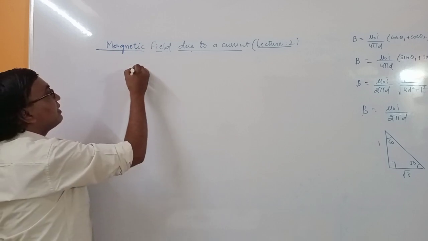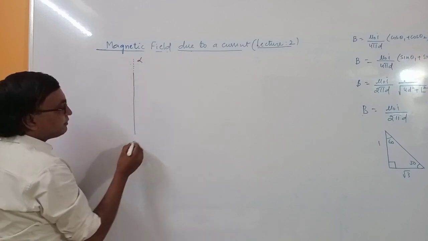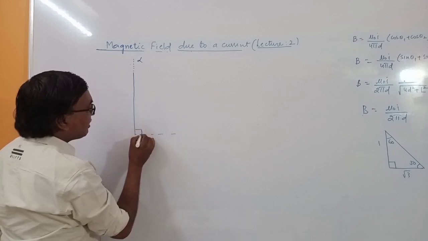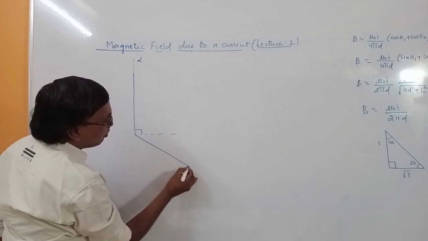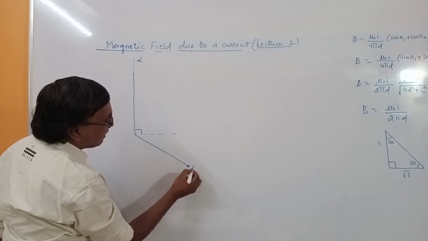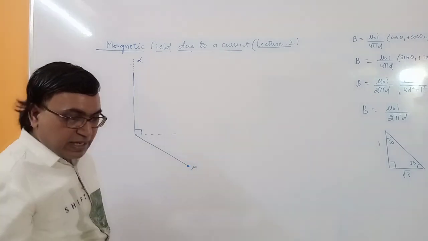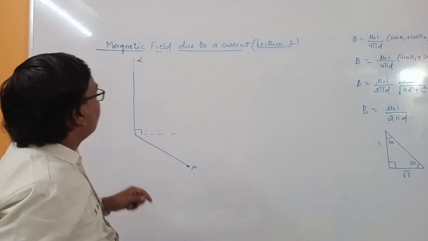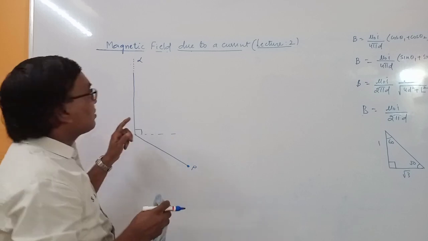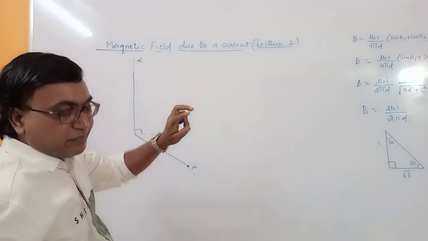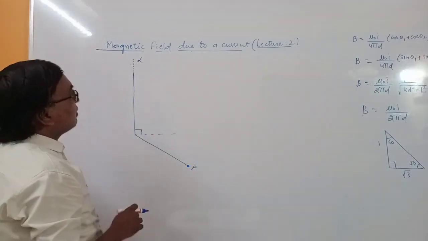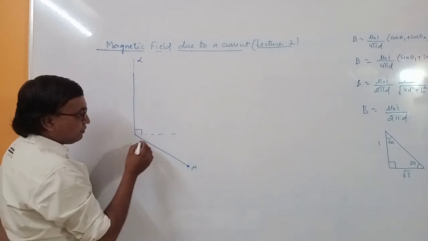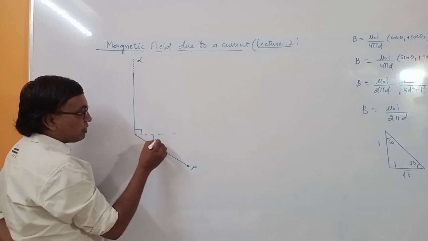This wire goes towards infinity on this side, and this is a line which is perpendicular to the wire, and we have to find the field here. In the earlier problem you can use cos theta 1 plus cos theta 2 also. How to use cos theta 1 plus cos theta 2? Just think over that, you have to change the angles. So here you have to find out at point P. Now in this we will see how to use cos theta 1 and cos theta 2.